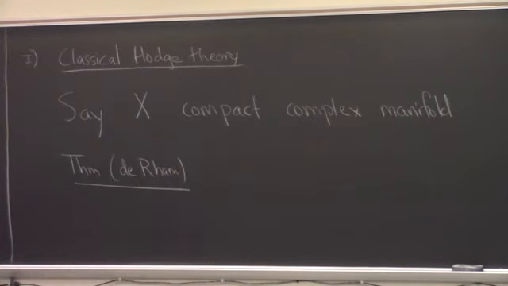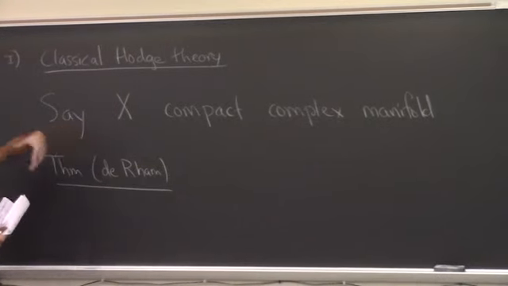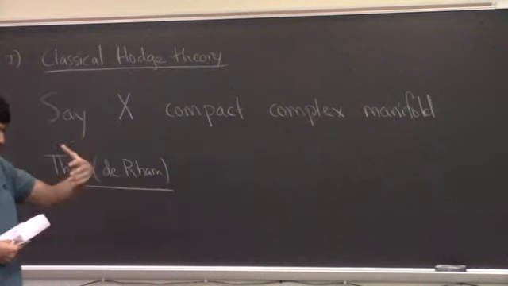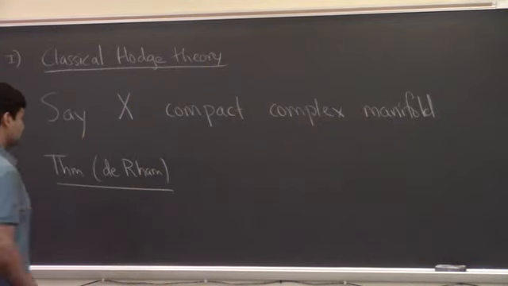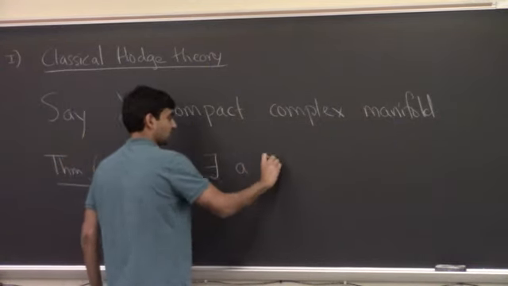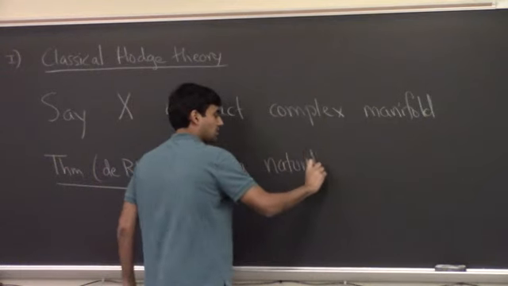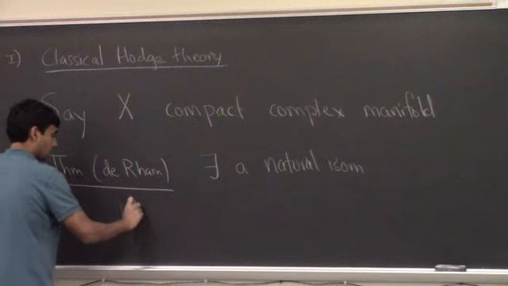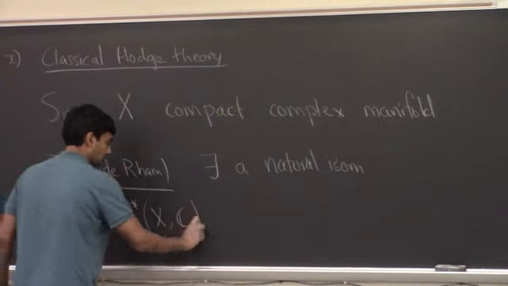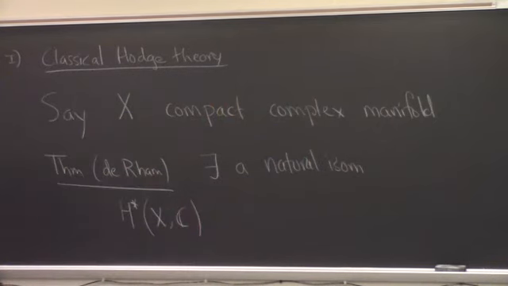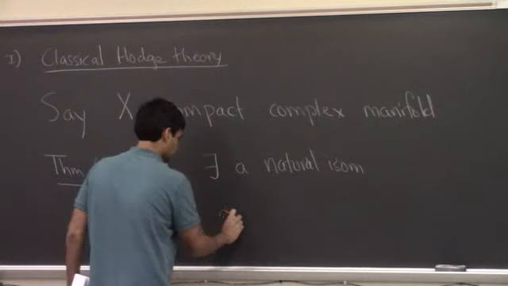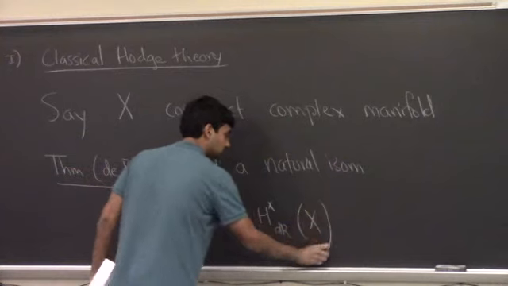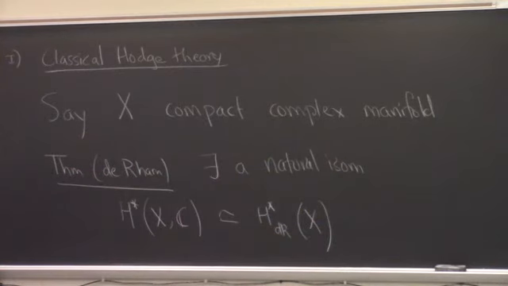So it says that if you want to understand the singular cohomology of X, the thing that only depends on the underlying topological space, you can do it through studying differential forms on the space. So there exists a natural isomorphism between singular cohomology of X, and I want to stick to complex coefficients, and de Rham cohomology, again with complex coefficients.